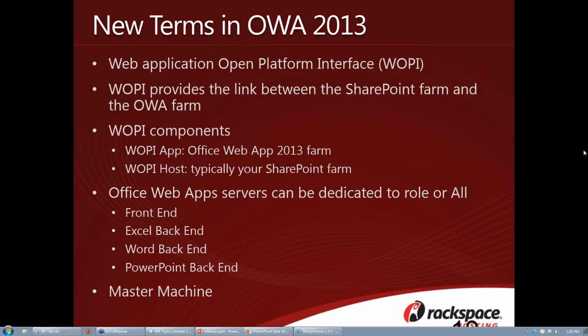So now that we can have multiple OWA servers in an OWA farm, we can actually dedicate a role to particular servers, as front-end servers, Excel servers, back-end servers, or PowerPoint servers. So if you're working for a financial company, let's say as an example, I had this particular example happen where they used Excel more than anything else.